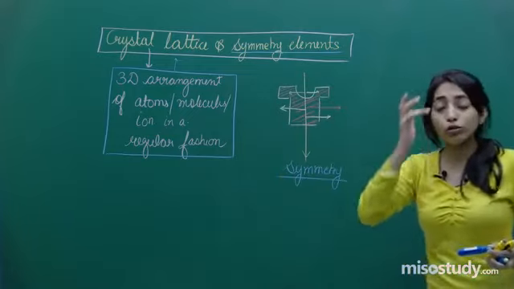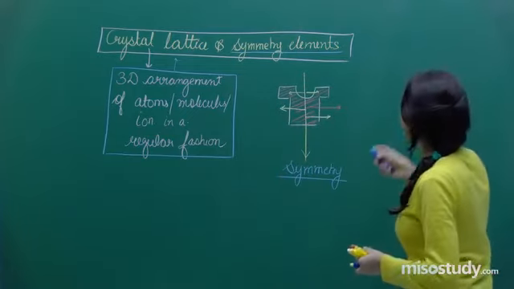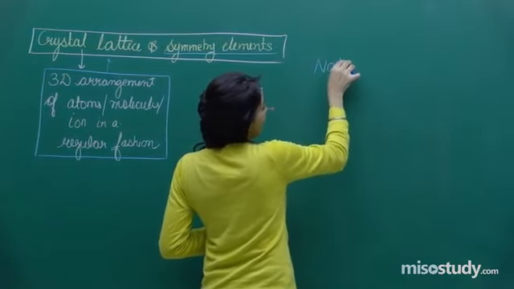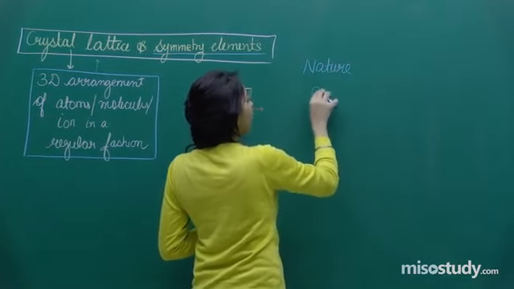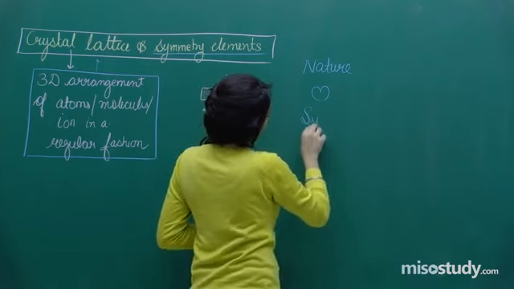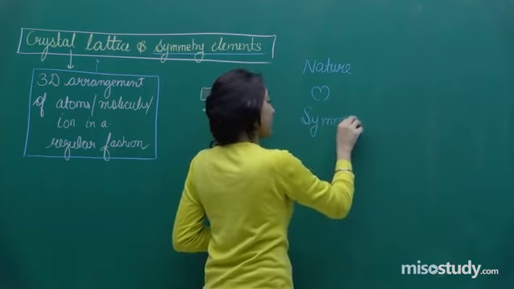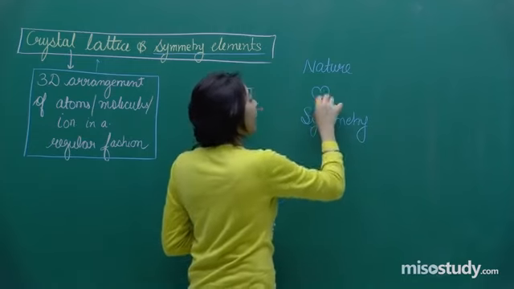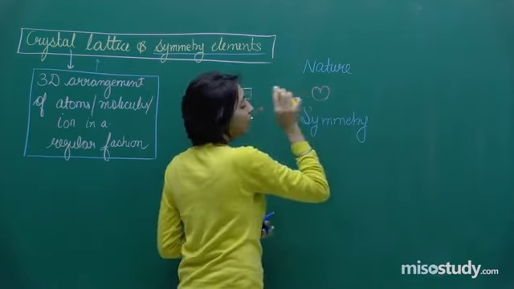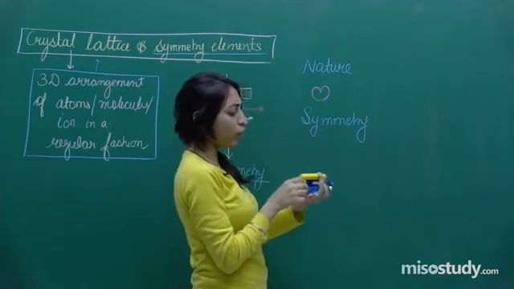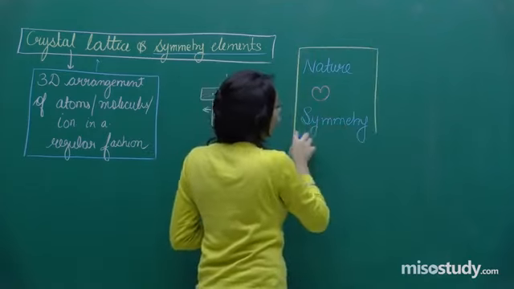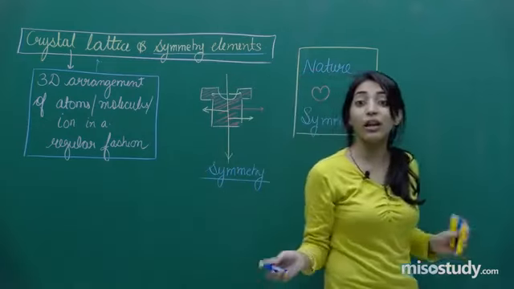Symmetry means, now you should learn one thing, that nature loves symmetry. And nature has created every one of us symmetrical, right? Everything you look at in nature follows the laws of symmetry, because nature loves symmetry.